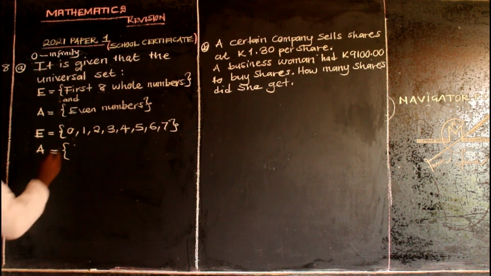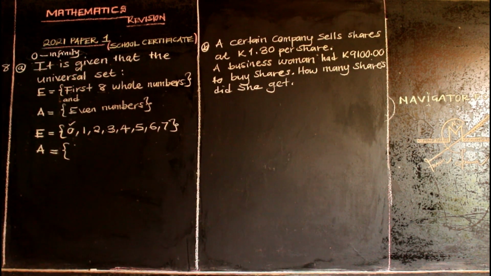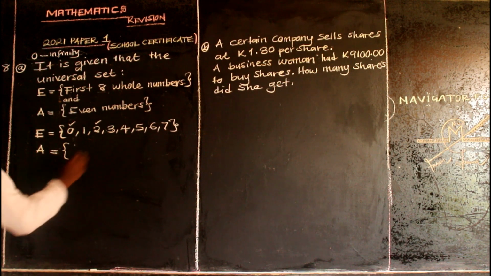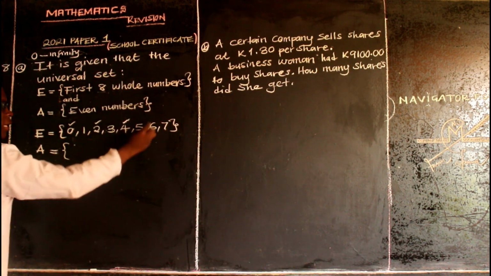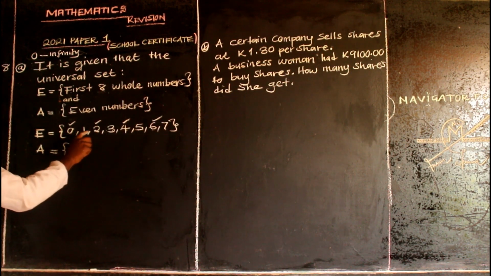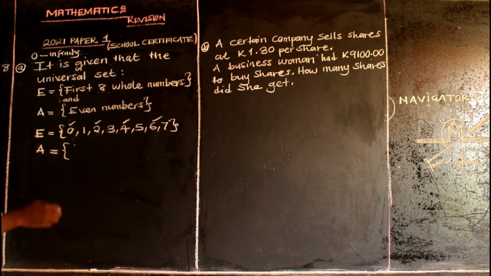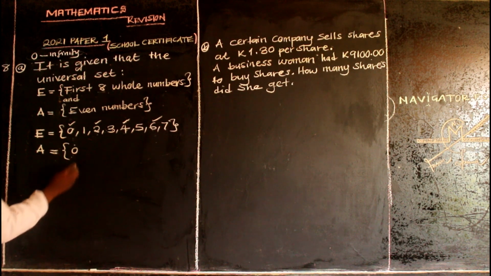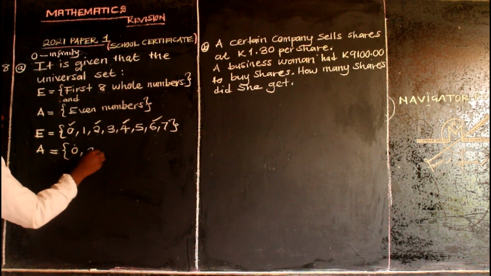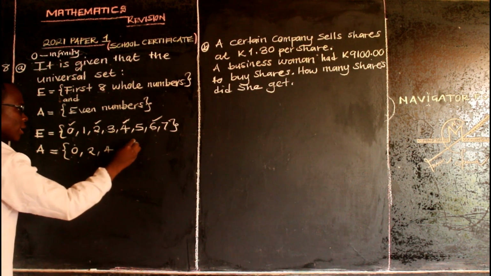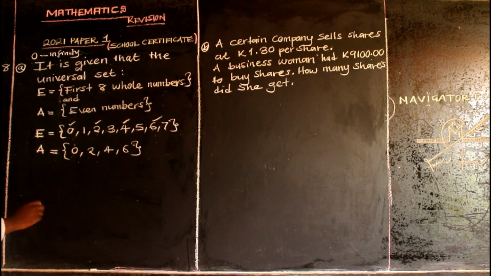The first one is 0, followed by 2, then 4, then 6. So these are the even numbers in the universal set: 0, 2, 4, and 6.